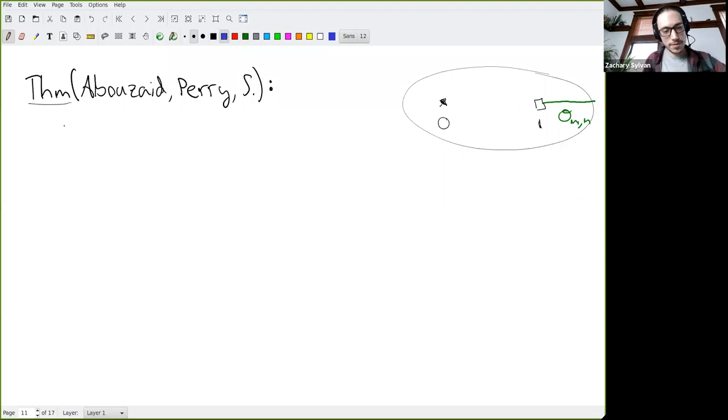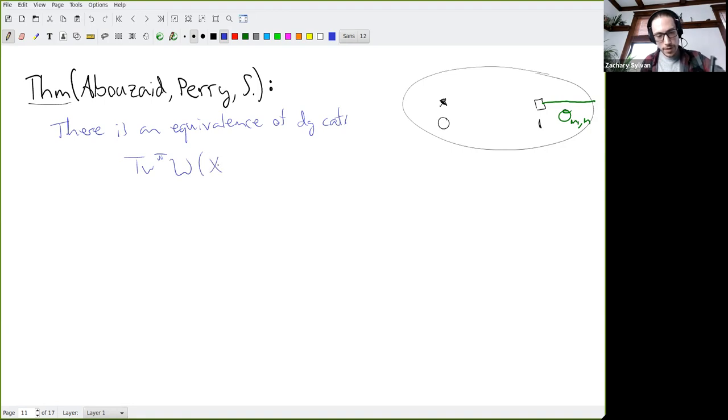So that says that there is an equivalence of DG categories, Tw pi, of the wrapped Fukaya category of X_{mn}. This is ultimately just an affine variety, so it makes sense to talk about its wrapped Fukaya category.